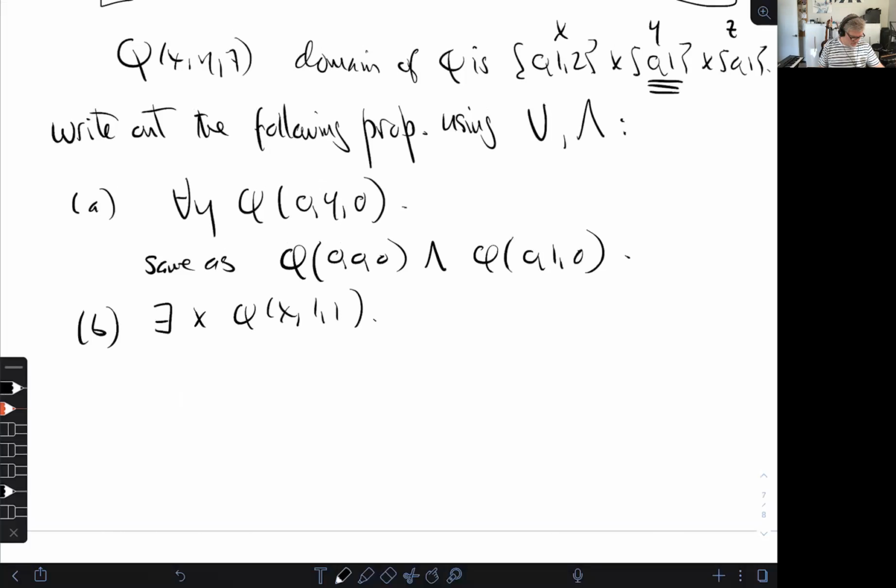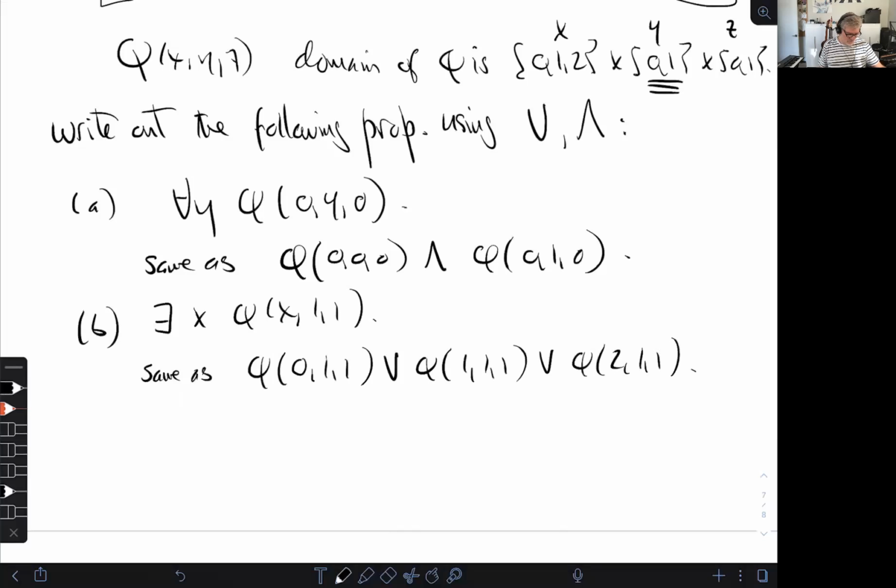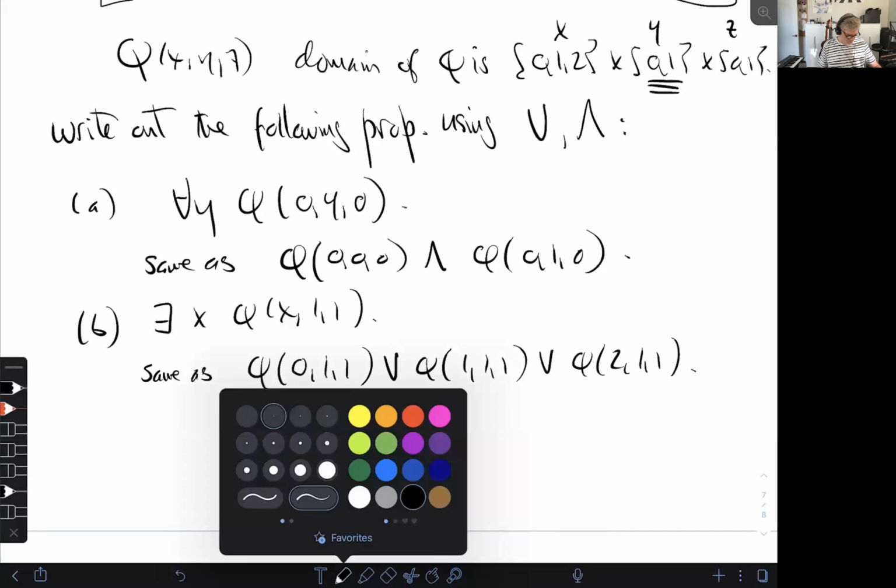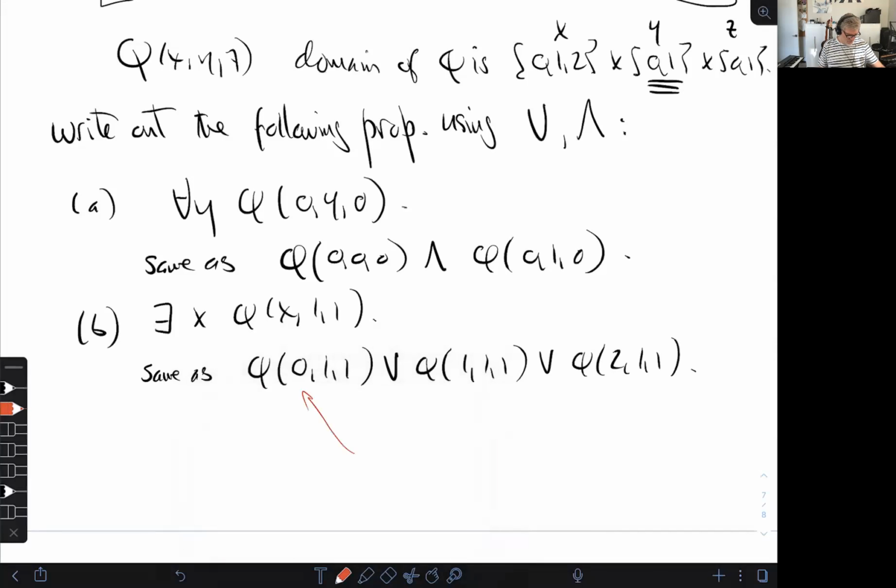So this is exactly the same as saying that either this is true for x equals 0, or it is true for x equals 1, or it is true for x equals 2. So these are all the possibilities for x.